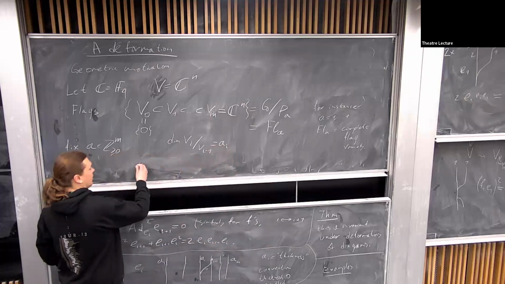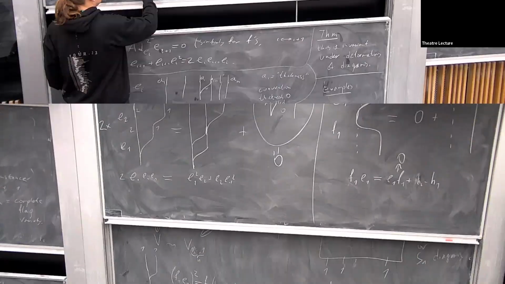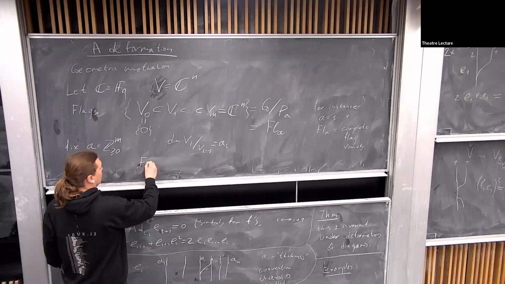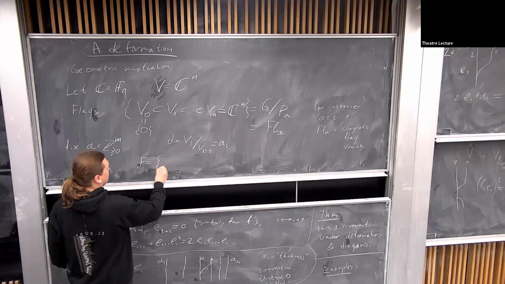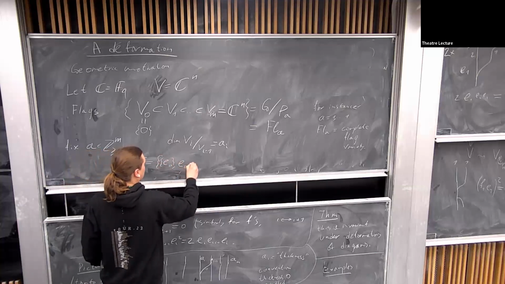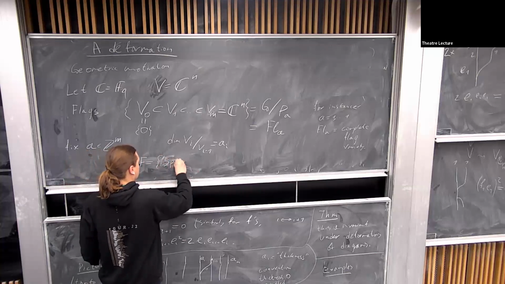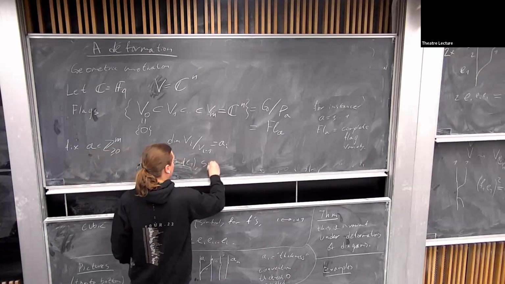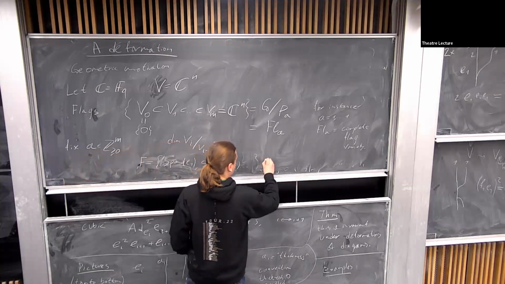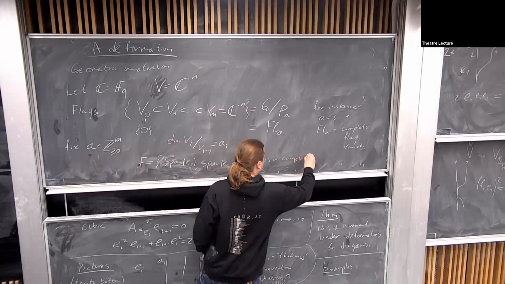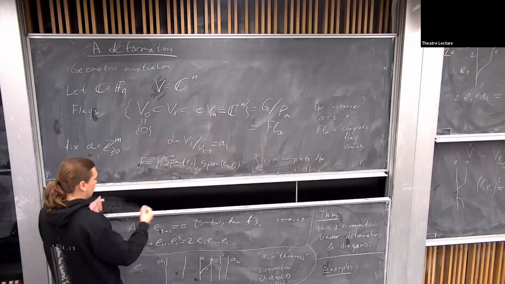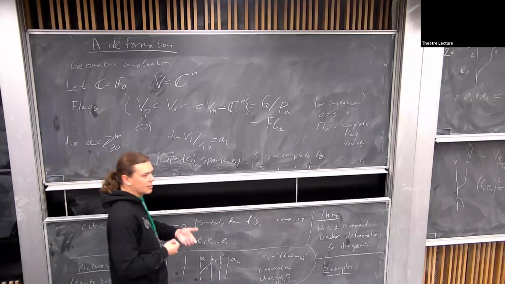The standard flag F is given by E0, sorry, span of E1, span of E1 and E2, and so on, which is a complete flag. And we want to understand all other flags in relative position to this flag.